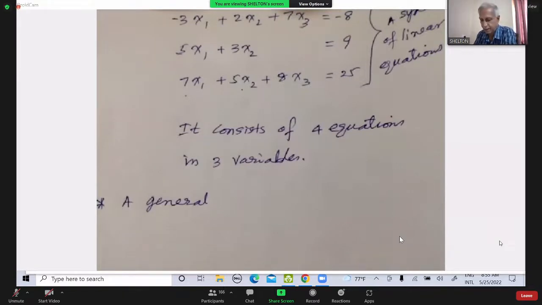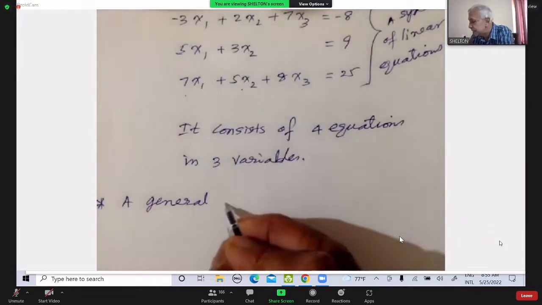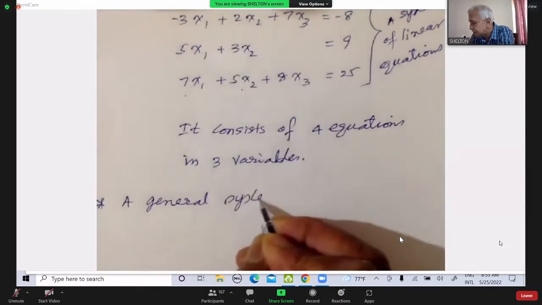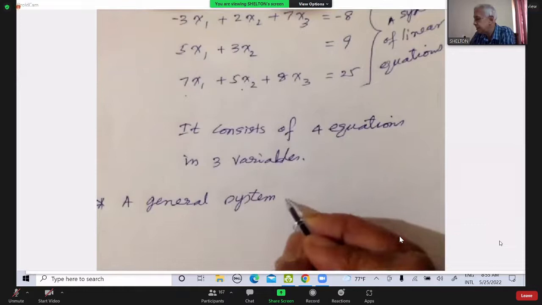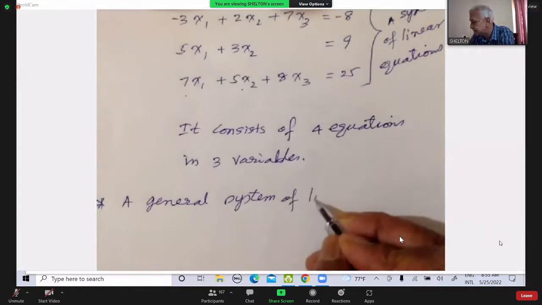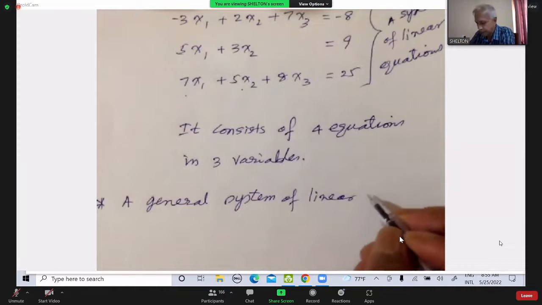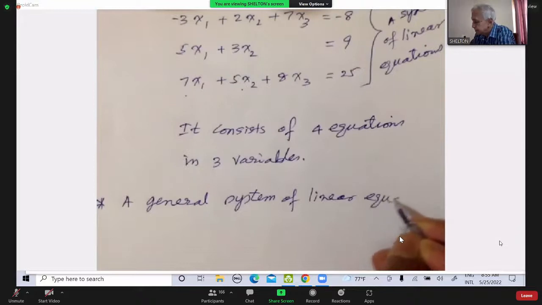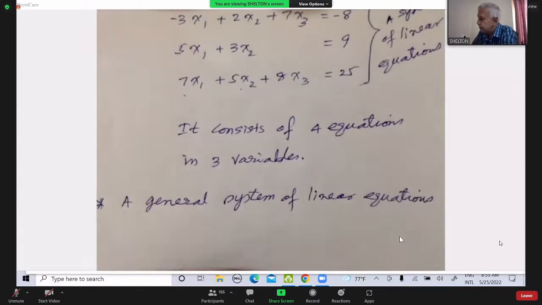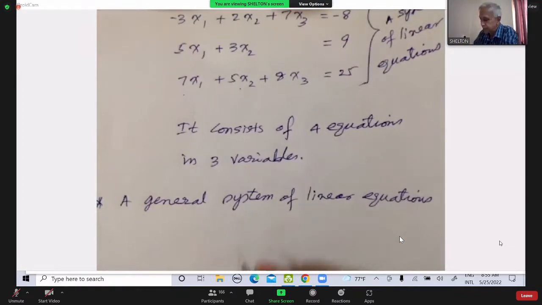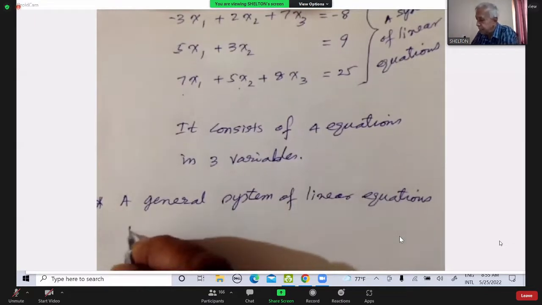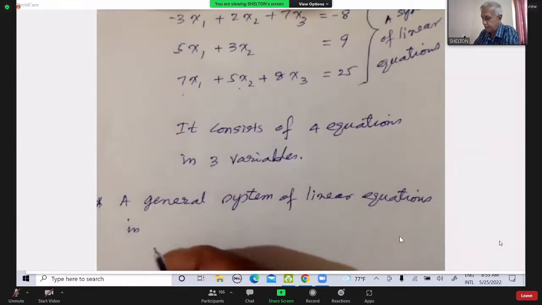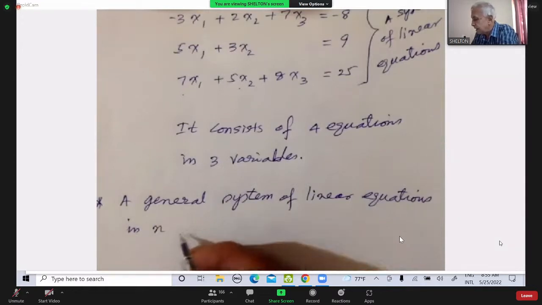A general system of linear equations with n unknowns, n variables.